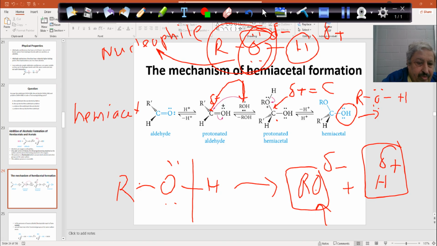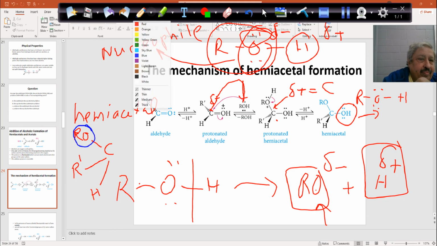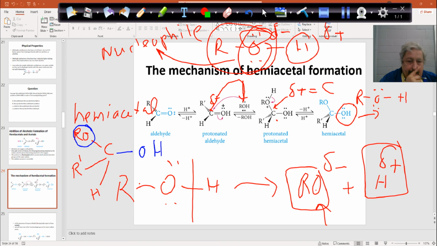Here it is. The general structure is C with one OR here, and then you have H, and here can be any R, say R prime. So this has one OR, and then you have here OH, correct? That's a hemiacetal.